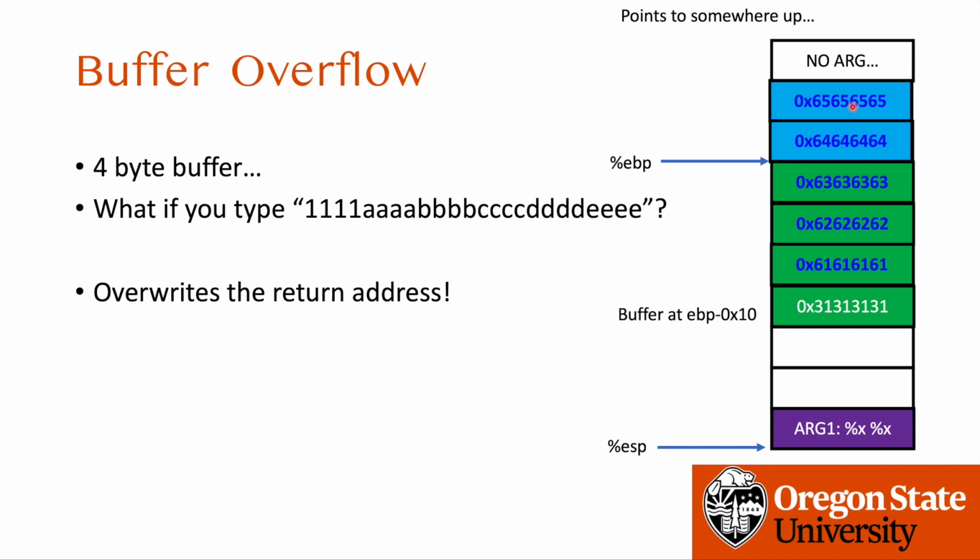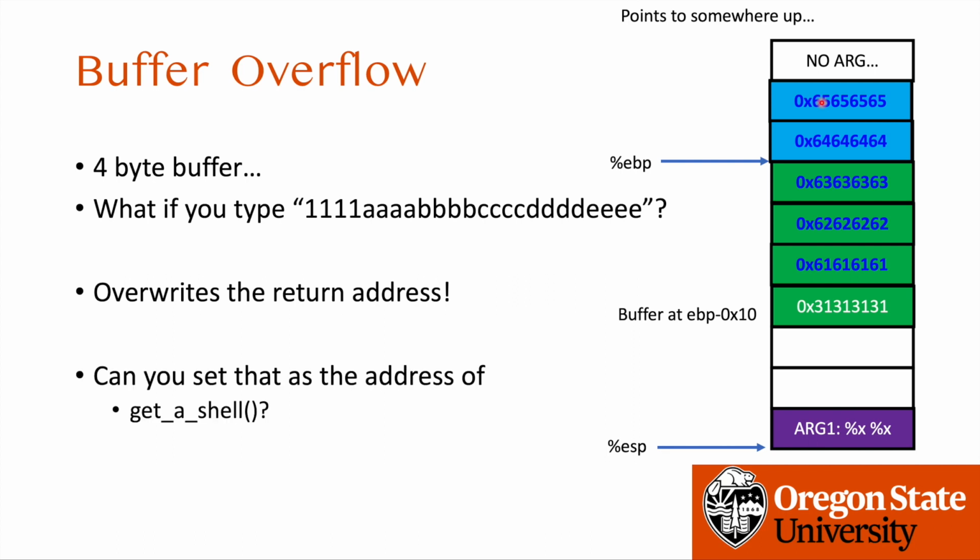So we can overwrite the return address. Then what's the problem? This return address will be used for returning to the instruction to execute after finishing the current function. So if we change this, we can change the program's execution.